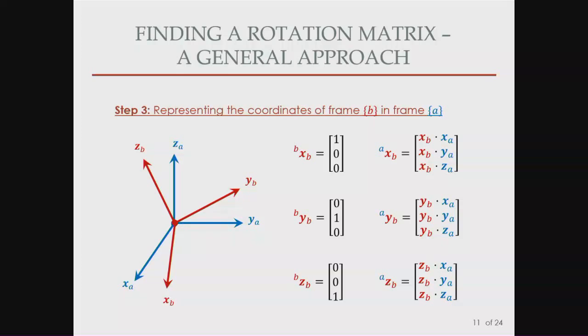Say I'm looking at X_B dot X_A, which would be this component. I'm doing 1 times the cosine of the angle between them, X_B and X_A, which is just theta.